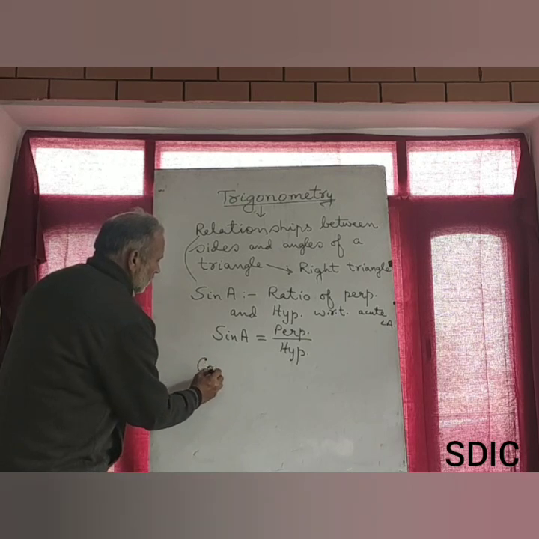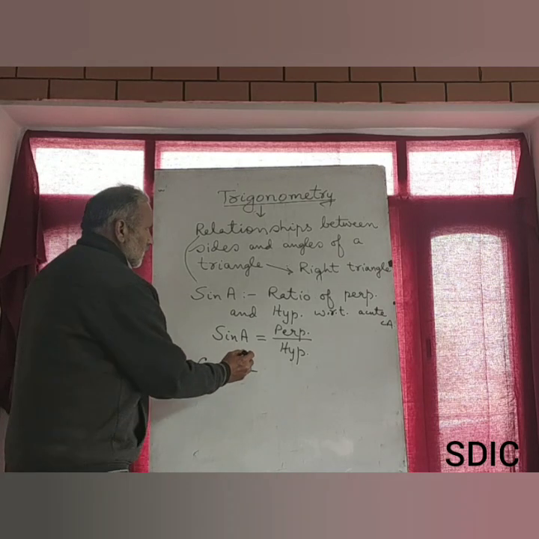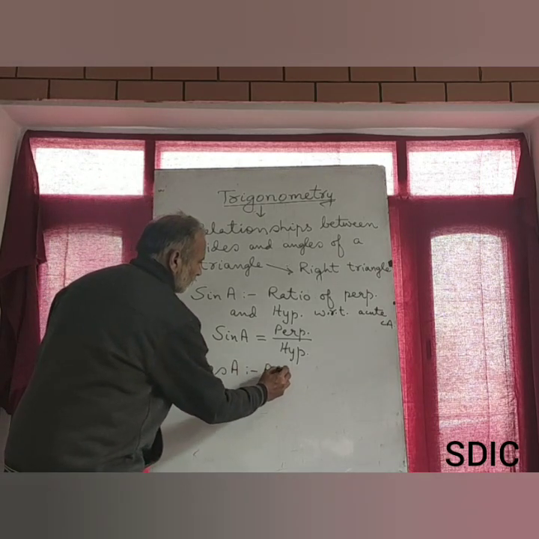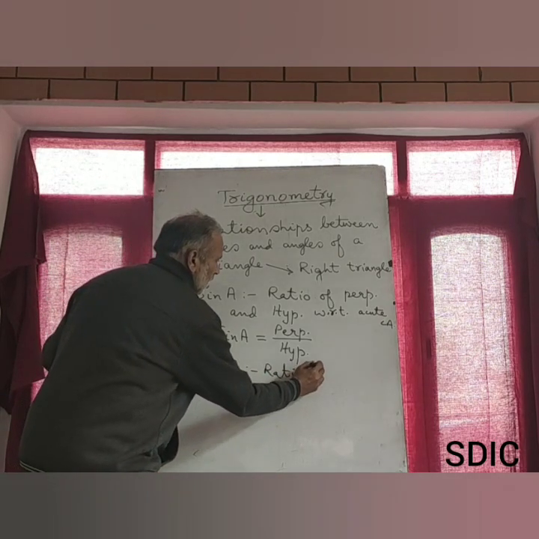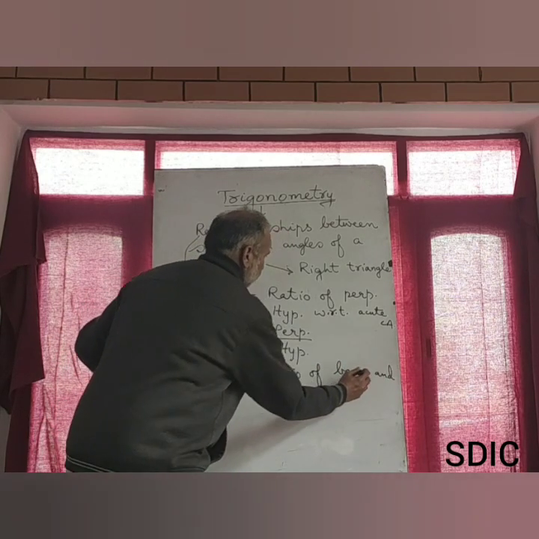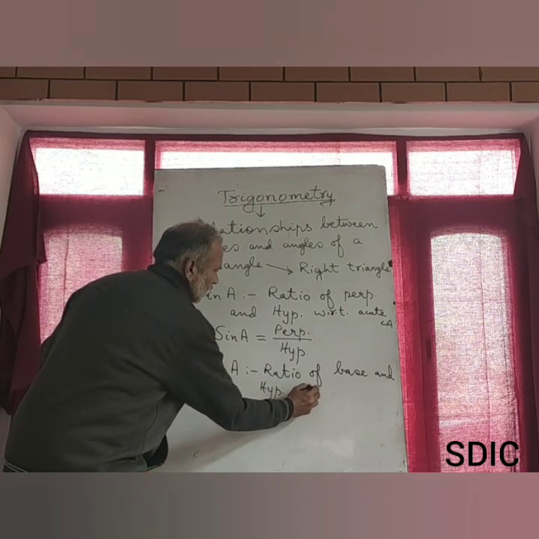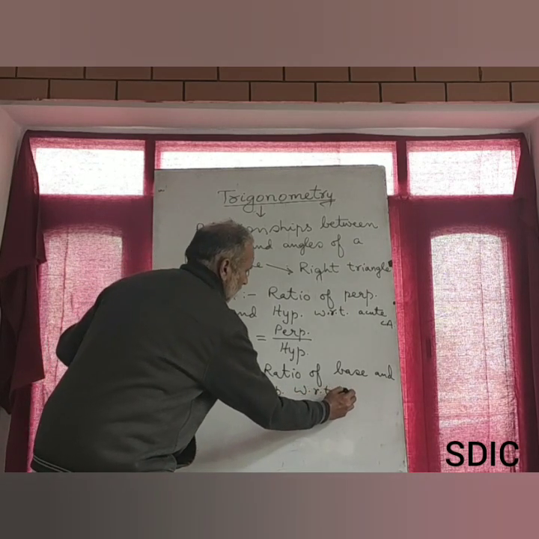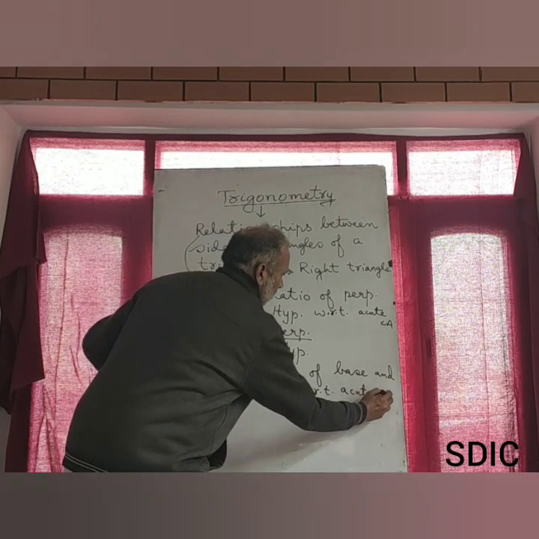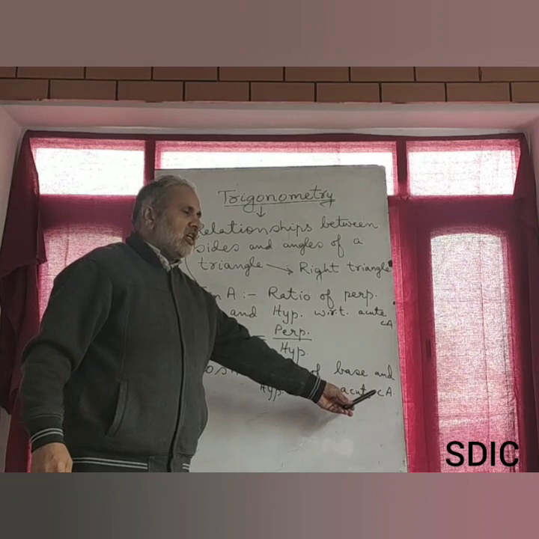Likewise, the definition of cos A is the ratio of base and hypotenuse with respect to acute angle A. Now why do we write here with respect to acute angle A?